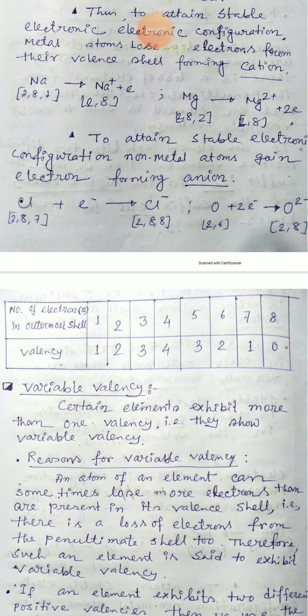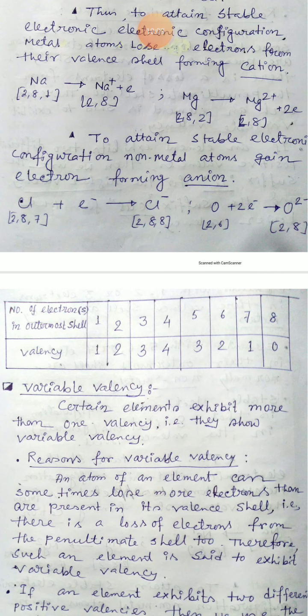For example, in Cl, the electronic configuration is 2, 8, 7. It accepts one electron forming Cl-, a uninegative anion. So the electronic configuration of Cl- is 2, 8, 8, but the electronic configuration of Cl is 2, 8, 7.